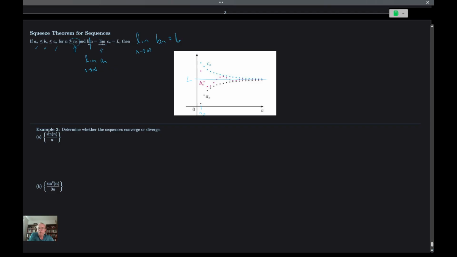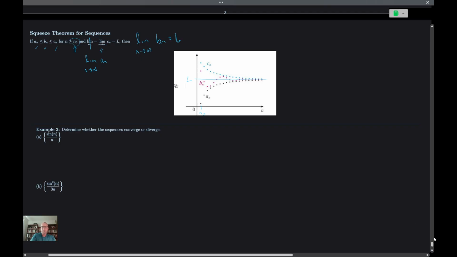So B can do whatever it wants, but as A sub n and C sub n are getting closer to L, B sub n also has to be getting closer to L. There's no way that B sub n can start coming up here, or even up here, even if it's not that far. It still has to be between A and C, and A and C are coming closer and closer to L, so they're squeezing B down. So that's why it's called the squeeze theorem.